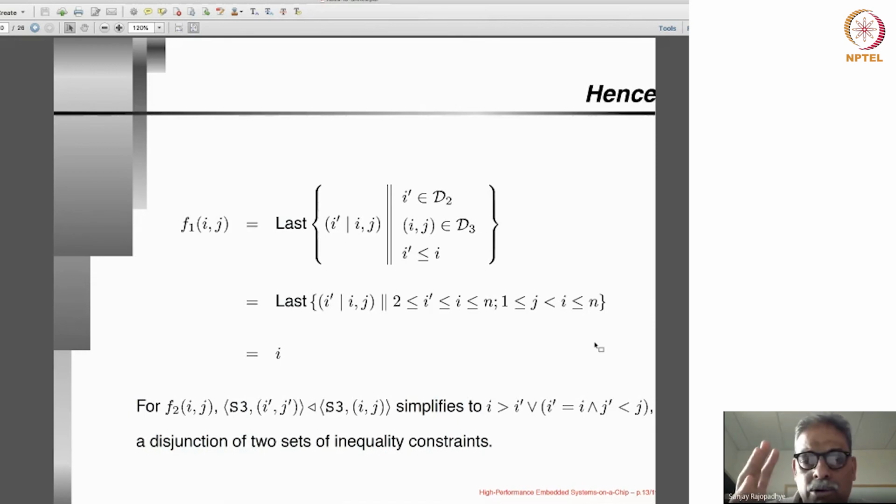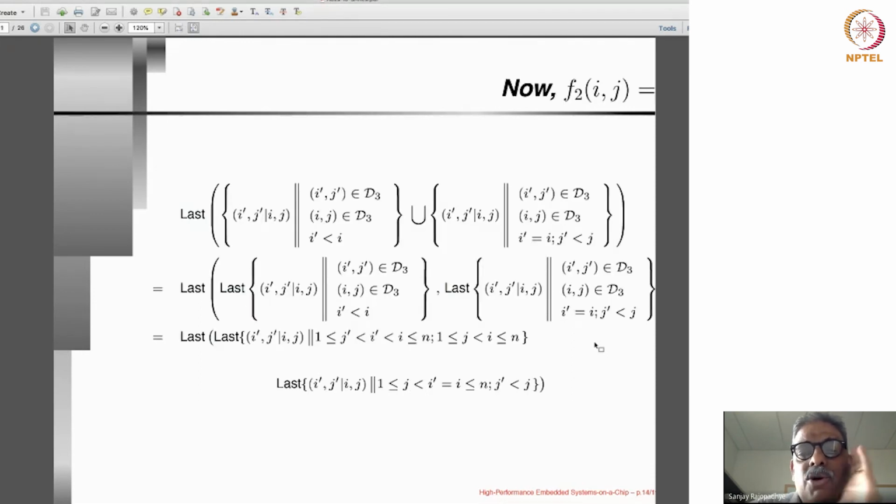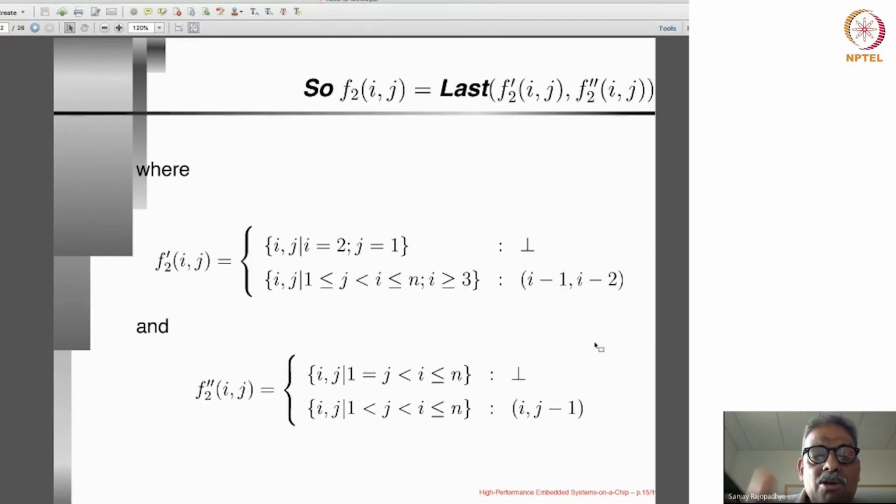And again, I don't expect you to get all the details of all of this right away. I just want to make sure that you get the big picture intuition. So when you go through this, the math gets more and more complicated, and I'm not going to go into the details. Eventually, you get this function F1 and F2.